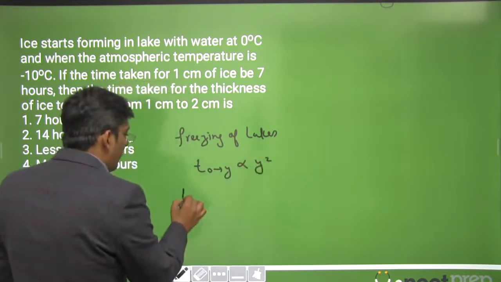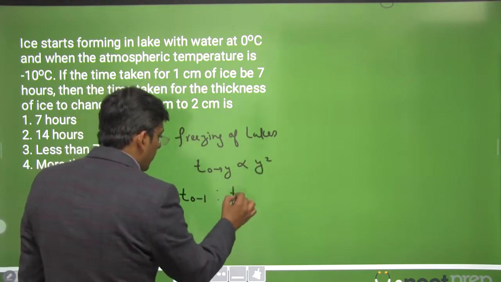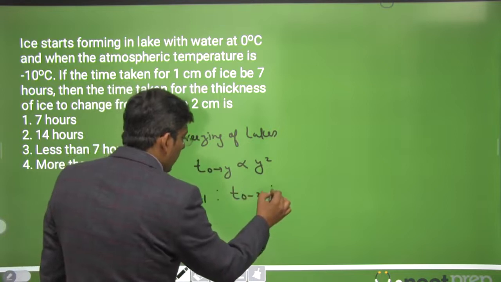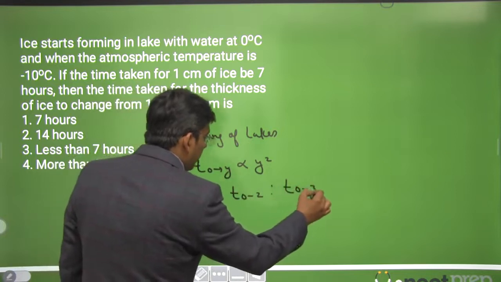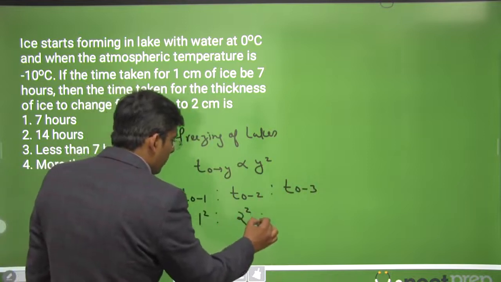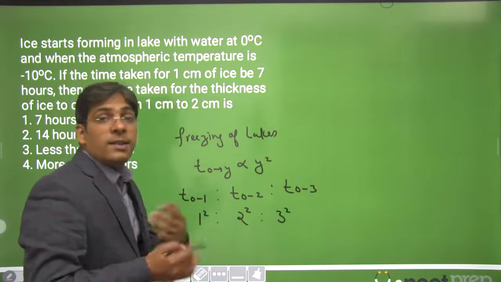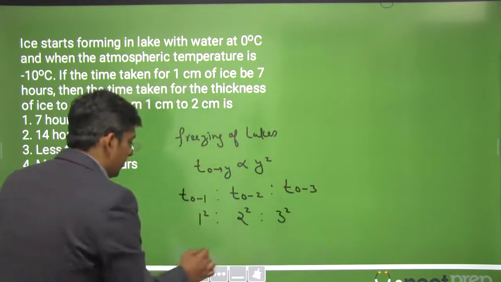So the time taken for the ice layer to form from 0 to 1 is proportional to 1 square, from 0 to 2 is 2 square, from 0 to 3 centimeter is 3 square. However, the time taken to form the successive layers is basically the difference.